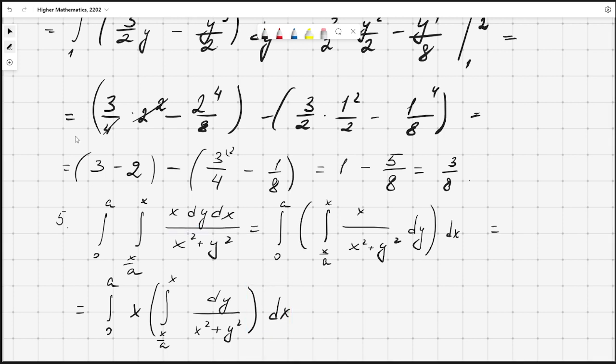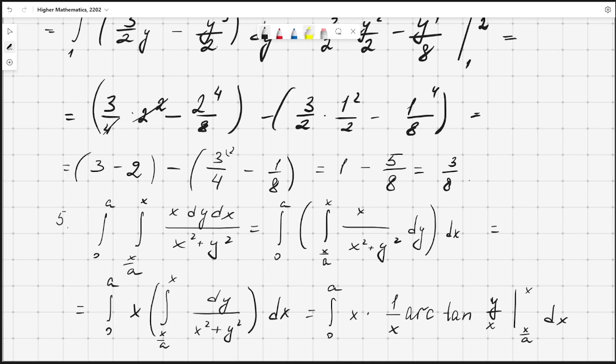It will be 1 over y arctangent of x, y over x, 1 over x, arctangent of, because with respect to y, of y over x, from x over a to x dx.